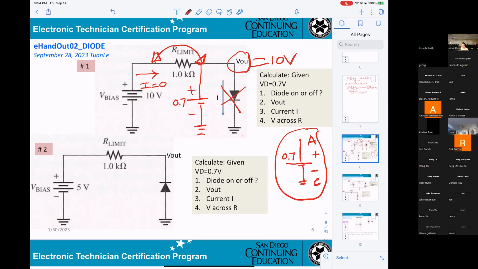Okay? And after they're on, you substitute the diode by the battery, 0.7 volt. You see no more this symbol. So in this question number 1, the diode will be on.